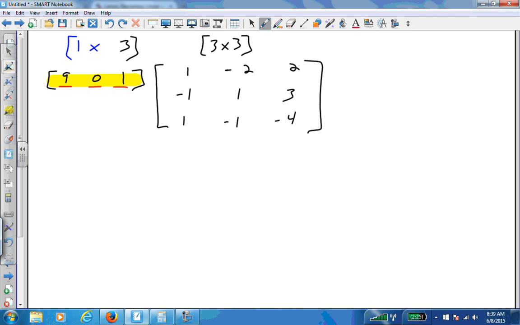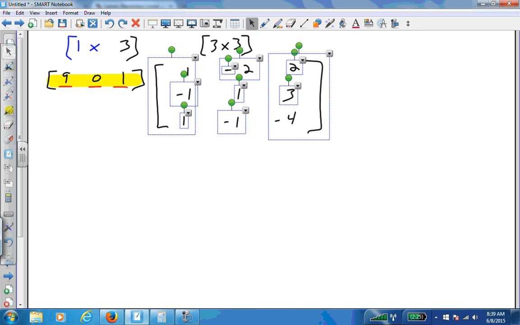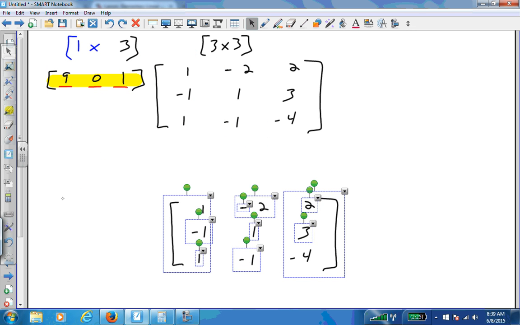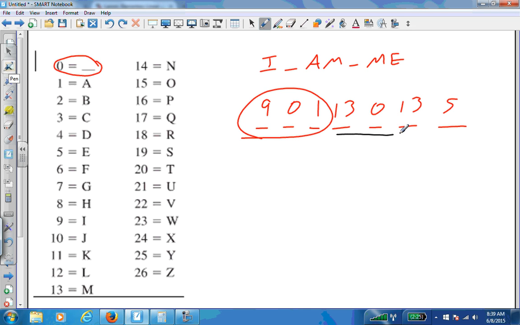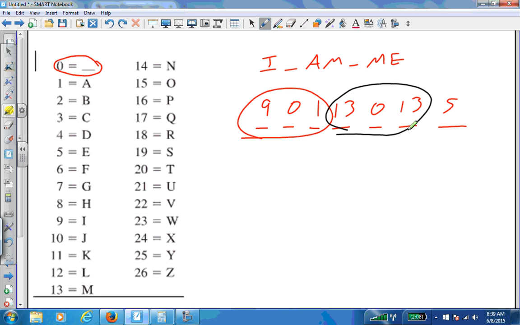We'll multiply that out, and then we'll multiply the next 3 characters by the same encoding matrix. So the next 3 characters are 13, 0, 13. So that'll encode the next 3 characters.